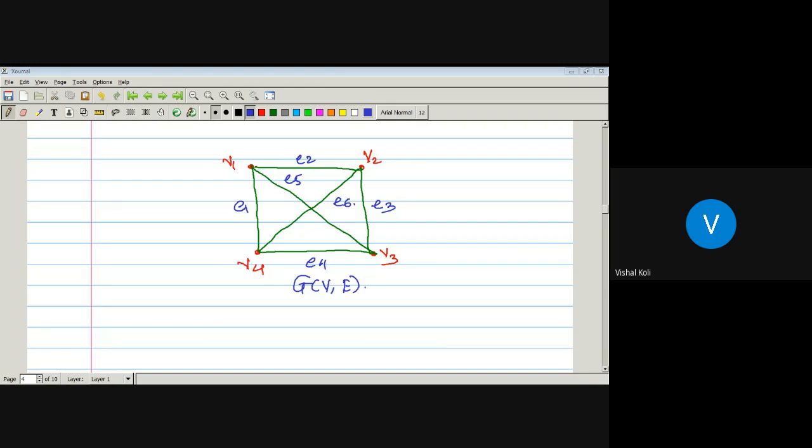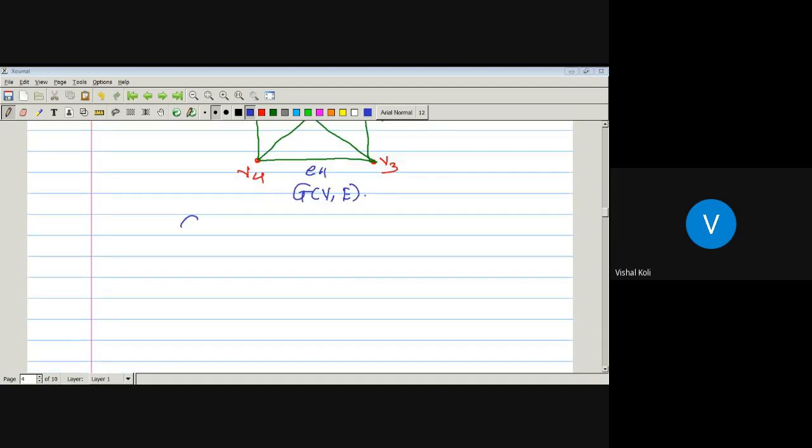That is, we have to find the cycles of minimum and maximum length: the cycle of smallest length and the cycle of largest length. 3 is the girth and 4 is the circumference.